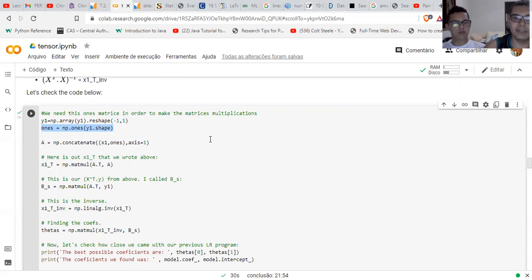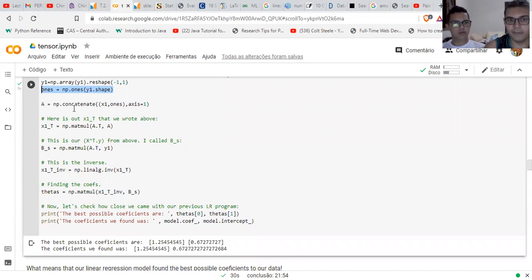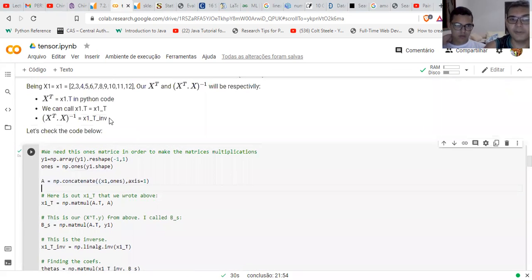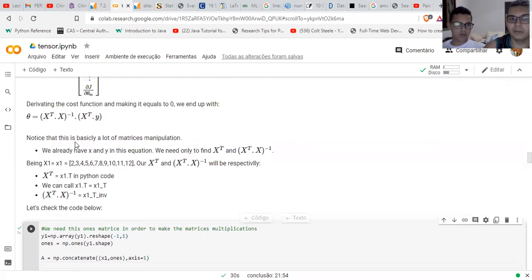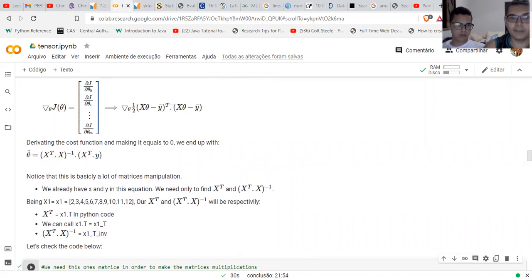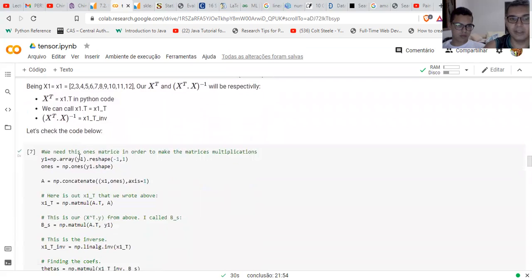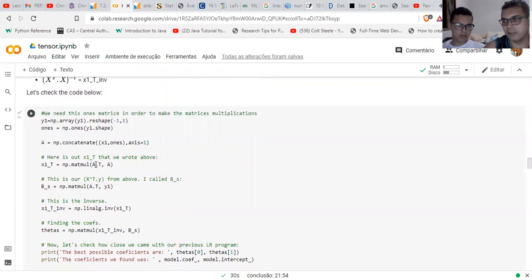So this is basically all the code that we have. We have to create this ones vector, and we have to concatenate it with the x1, and we just have to code those formulas. So x transpose in Python is really easy using NumPy, because we only have to use dot T, it's the transpose.